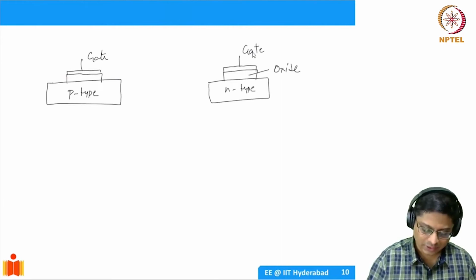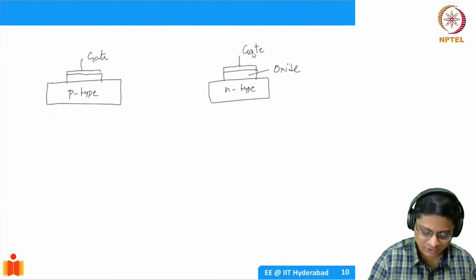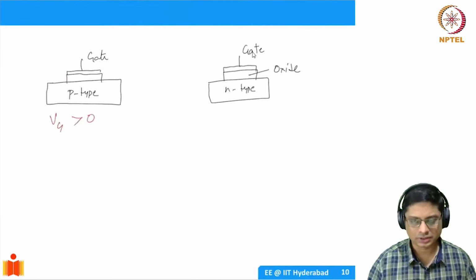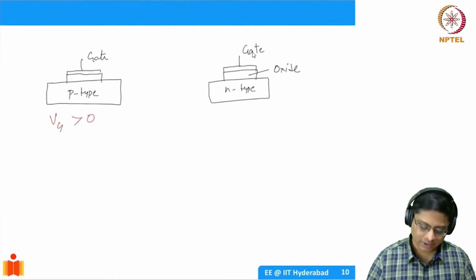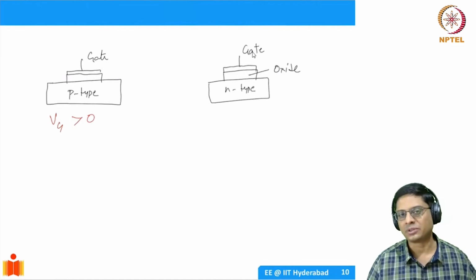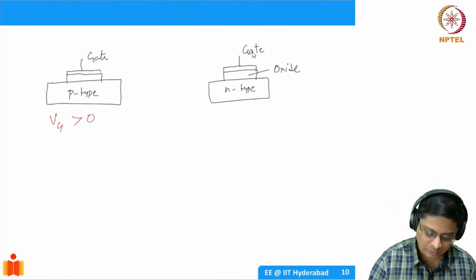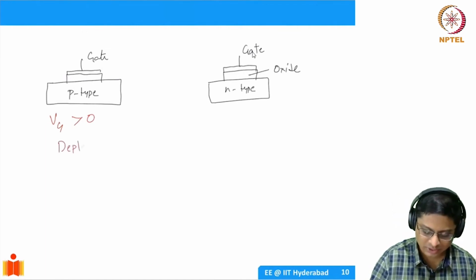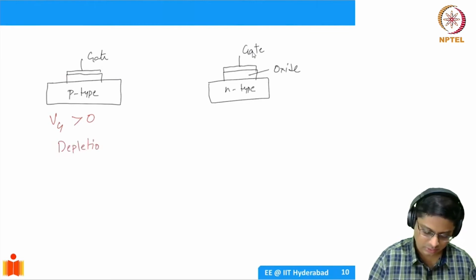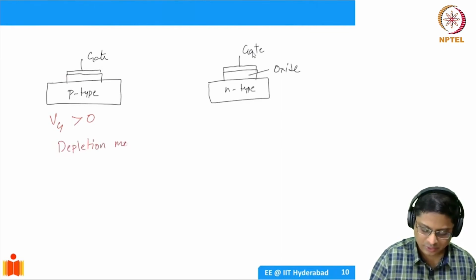Now what we have seen is, let's call this gate voltage VG. Okay. If you apply gate voltage which is positive, greater than 0, then if you have a p-type substrate, we are going to drive holes away, and then you get to depletion regime, depletion mode. Okay, wherein you have space charge in the substrate.